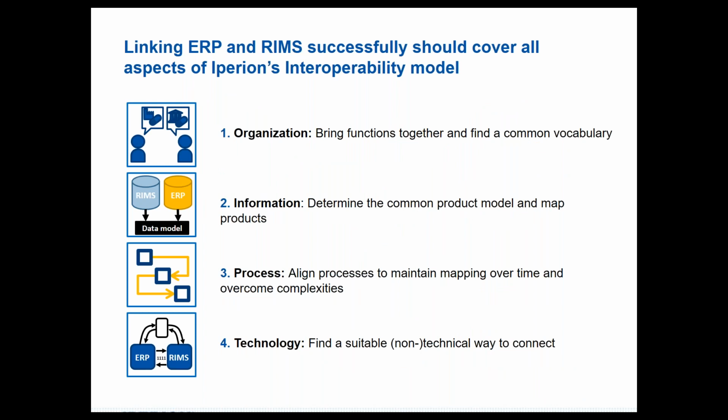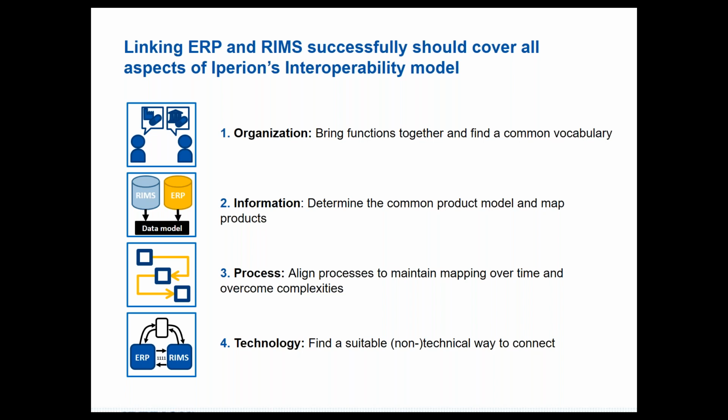So in Hyperion, we work with a general model for interoperability, and the ERP and RIM situation is a good example of showing how this works. In this model, we have 4 factors: organization, information, process, and technology. In this case, we can use these 4 factors as a step plan to get to our ERP-RIMs linking.